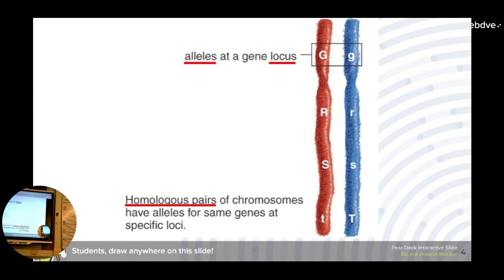Wherever big R goes, who's going with it? Big S, little t, and big G. They are linked genes. They travel together. So you will not see independent assortment amongst those. What's the only thing that can break up gene linkage? Crossing over can break up gene linkage.